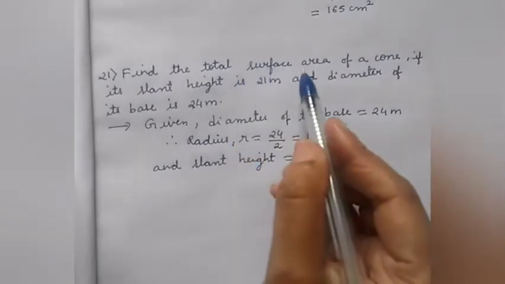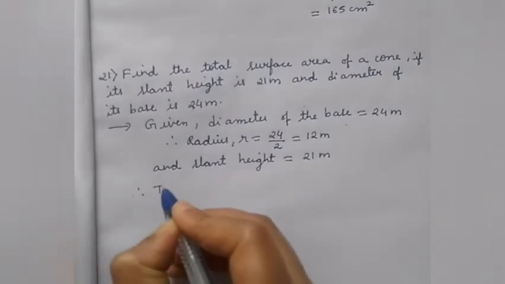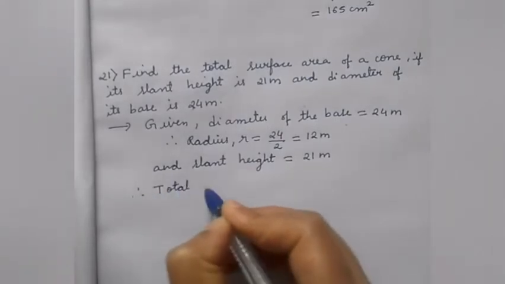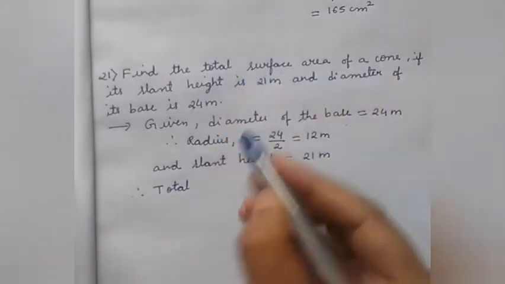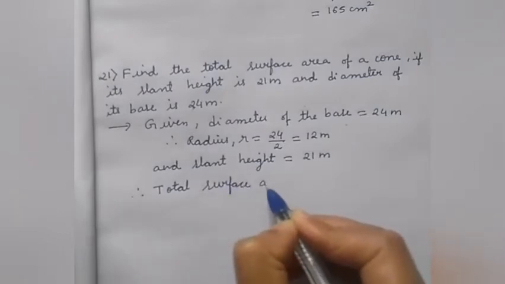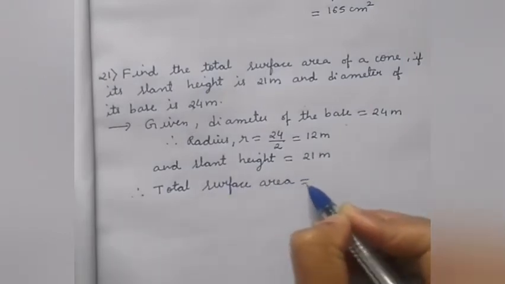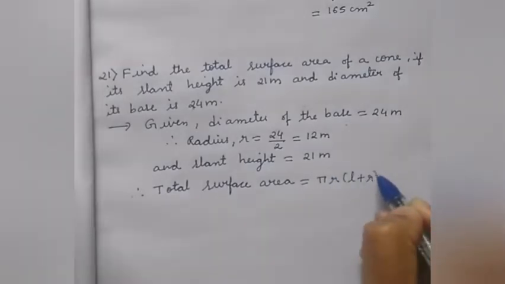We are asked to find the total curved surface area. Therefore, total surface area, not curved surface area, we are asked to find the total surface area. Total surface area is equal to, formula is pi r into (L plus r).